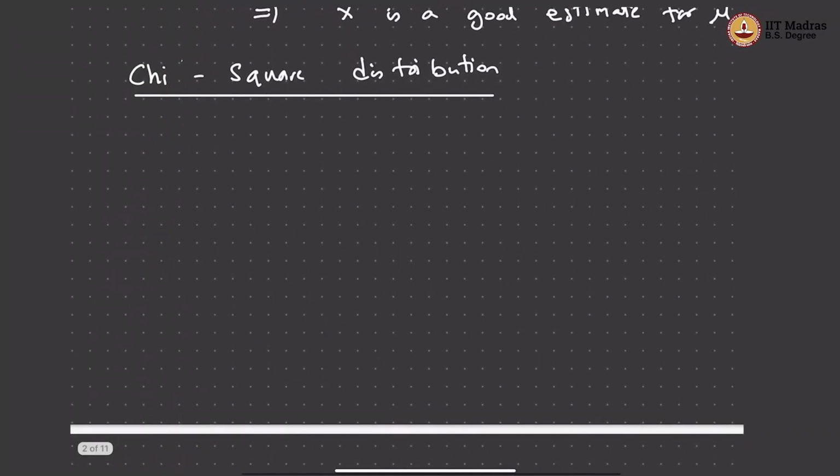So let's say x was distributed as, let's do a simple one, normal with mean 0 and variance 1. Let's say I take y equal to x squared, and then I want to find the distribution of y.